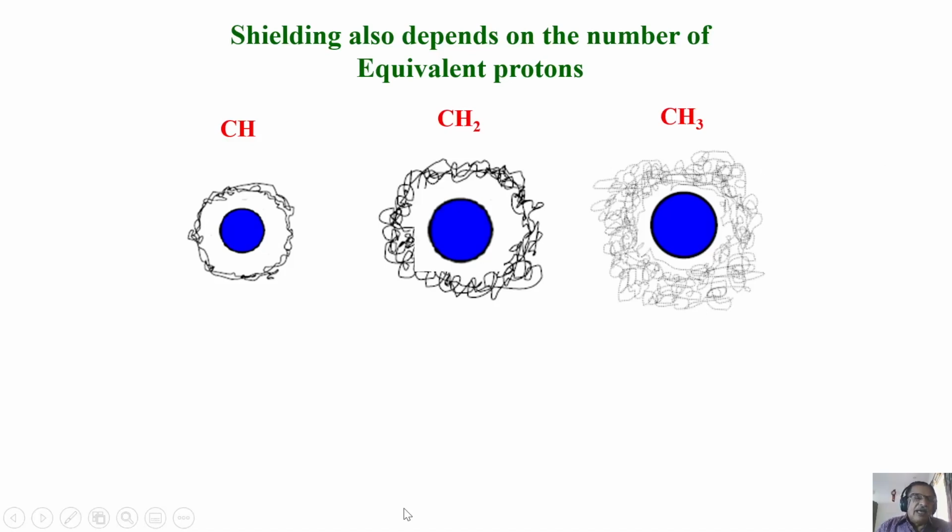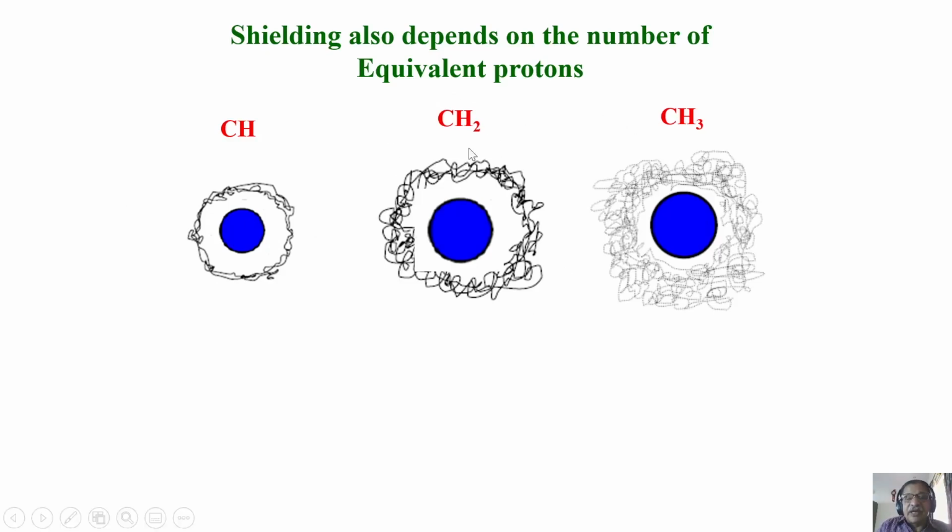Of course, the logic is simple. We discussed last class that CH3 is more shielded and comes to high field because it sees more field than this one. Now I take in between another group called CH2. What is the logical conclusion?